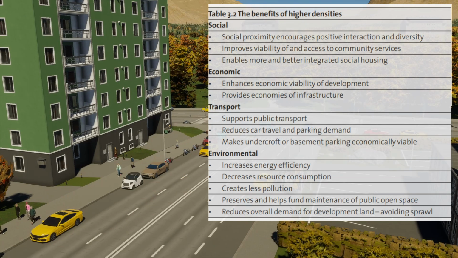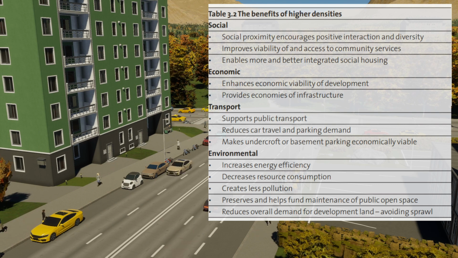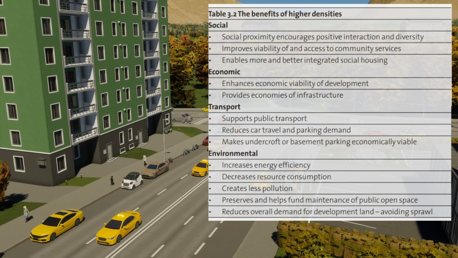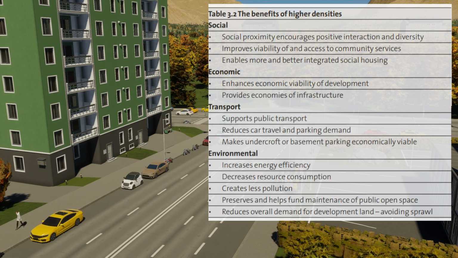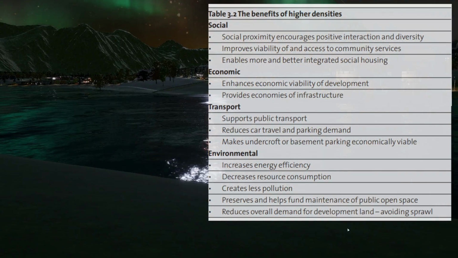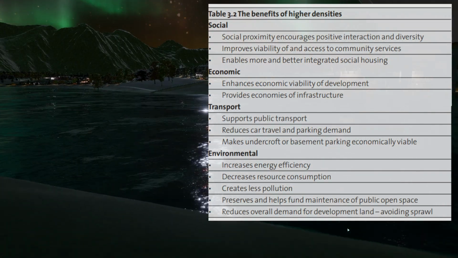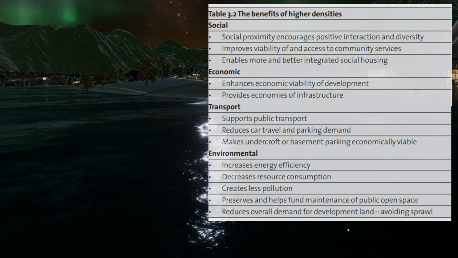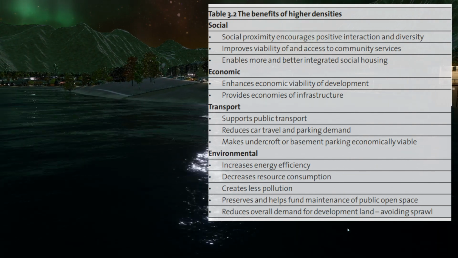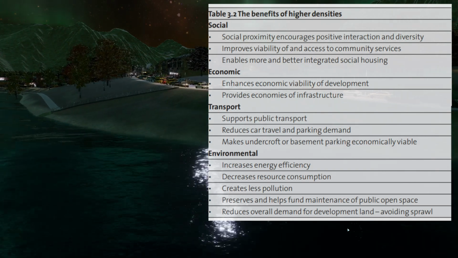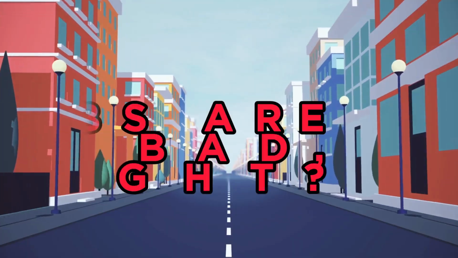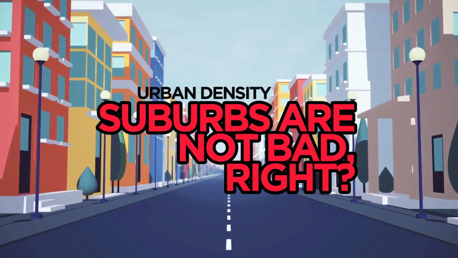It is also beneficial to transport, not just because it supports it and reduces car travel, but because it can mean undercrofts or basements that make parking economically viable, either for the residents who live there or for commercial premises nearby. And finally, environmentally, it increases energy efficiency, decreases resource consumption, creates less pollution, preserves and helps maintain public spaces, and reduces overall demand for development land, thus avoiding sprawl.